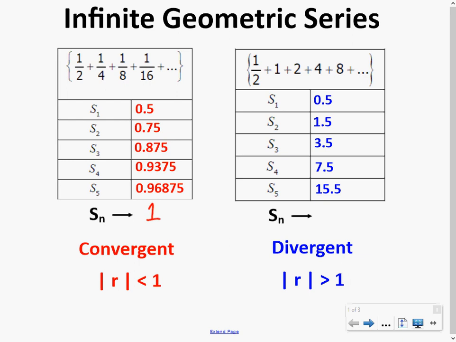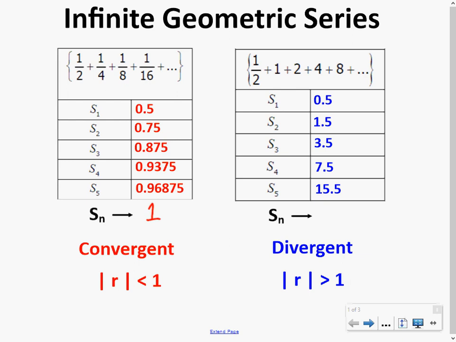Now keep in mind, if the sequence you're working with is geometric in the first place, anytime you are looking at a geometric series that is infinite, it's going to fall into one of these two categories: convergent, meaning it approaches a specific value, or divergent.